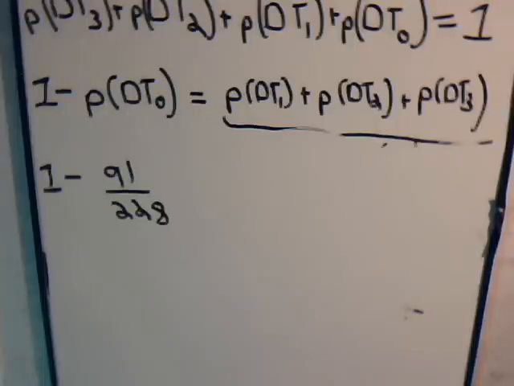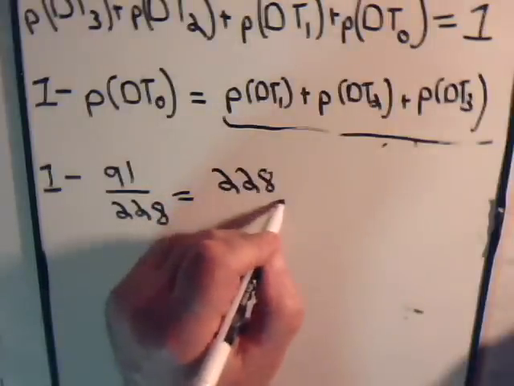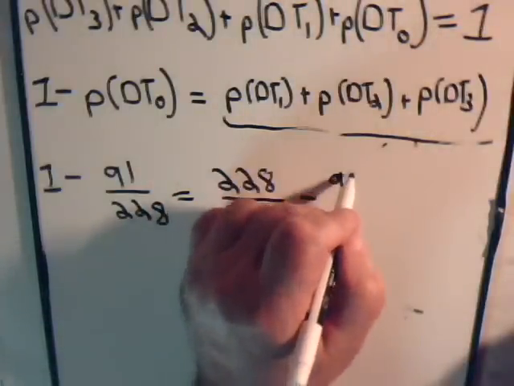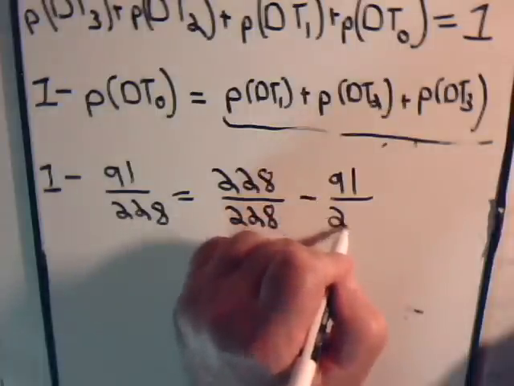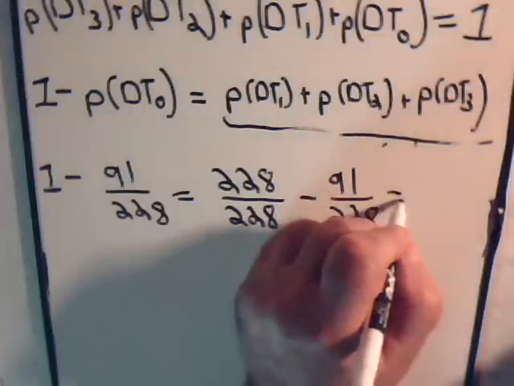So we do that subtraction, and let's see, we have 228 over 228 minus 91 over 228, and that's 137.